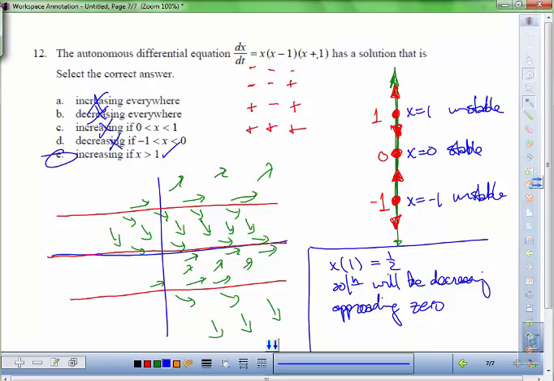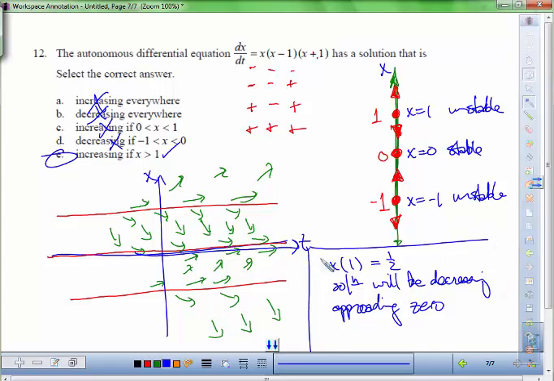Right? So this is your t-axis, this is your x-axis. Did you guys get that the x here is not the independent variable, right?